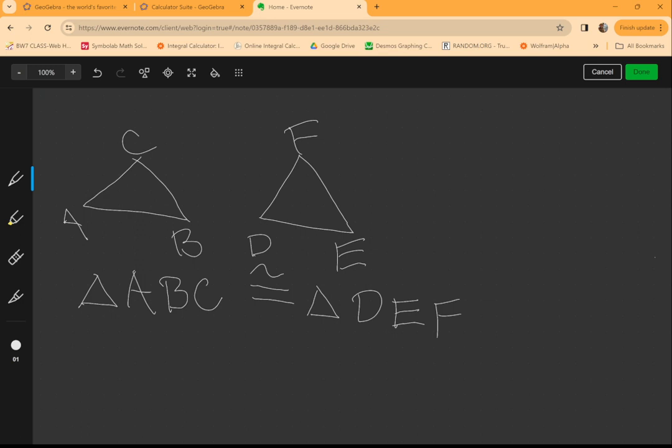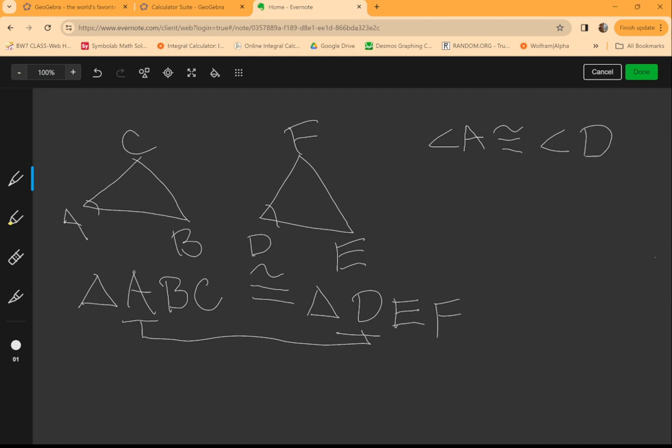Let's look at the angles first. Angle A corresponds to angle D, so we can make a statement like the measure of angle A is congruent to angle D.